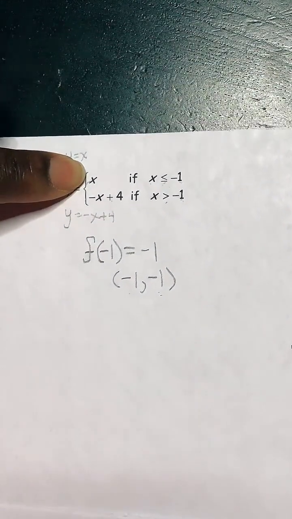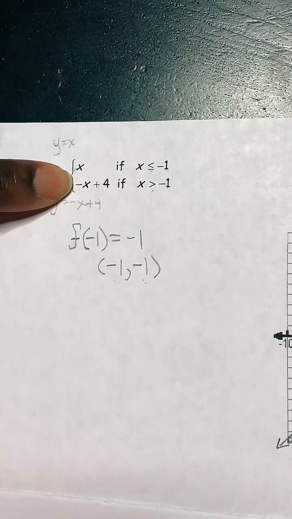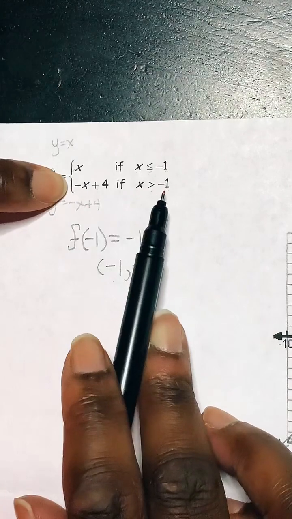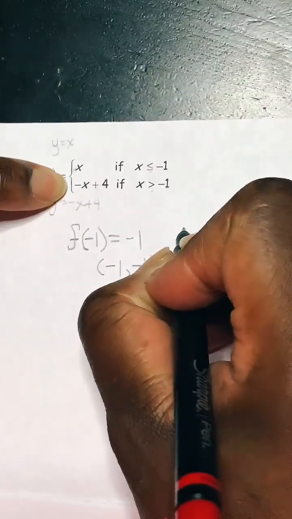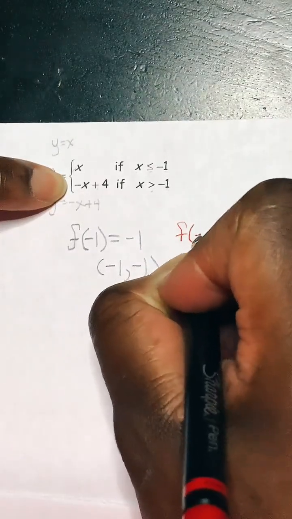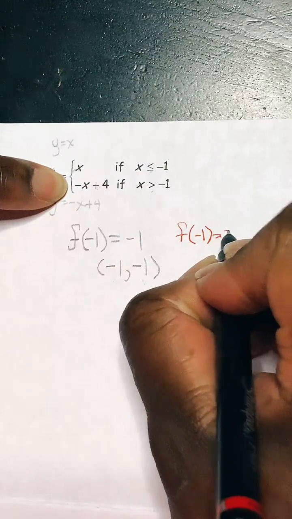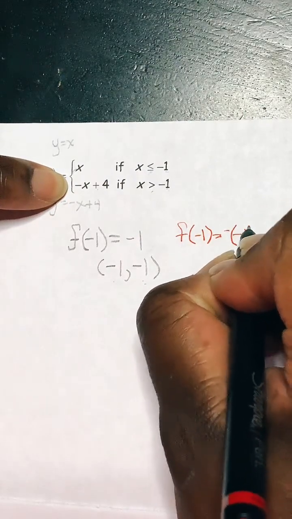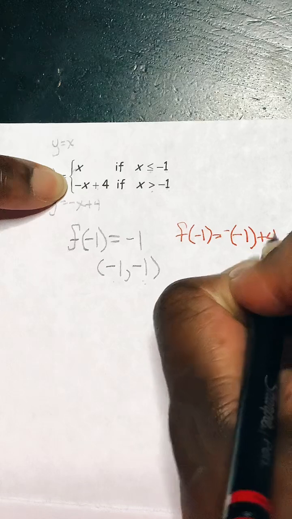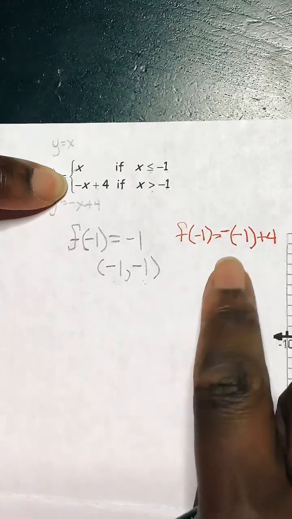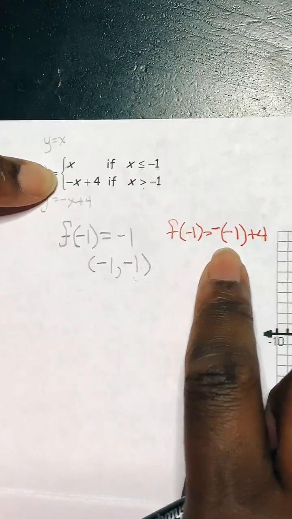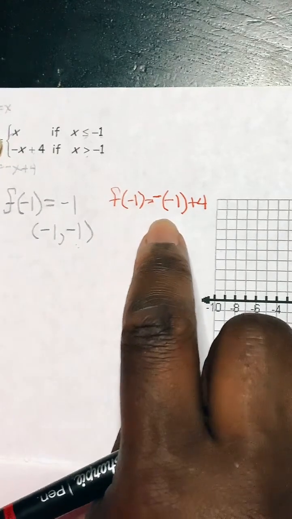Okay. So that takes care of the first expression. Now we need the second expression. So with the second expression, we're going to plug in. So I'm going to do the f of -1, but we're going to plug in the -1 for the x. So that means there's a negative parenthesis, -1 plus 4. The reason why I put a parenthesis around that -1 is because we generally will do this.